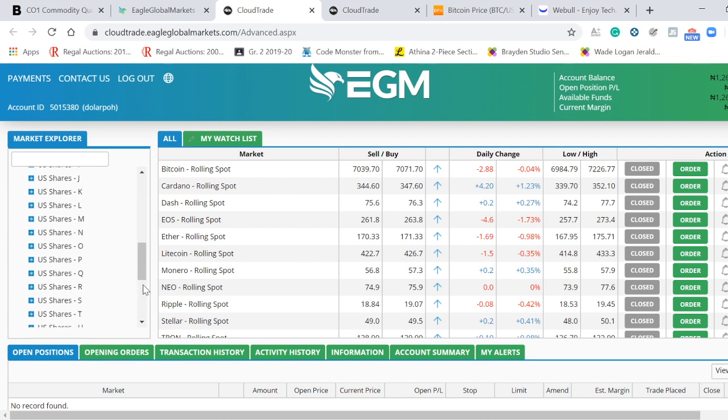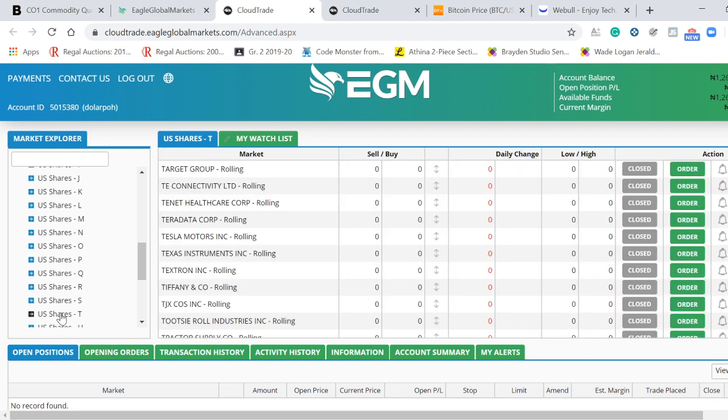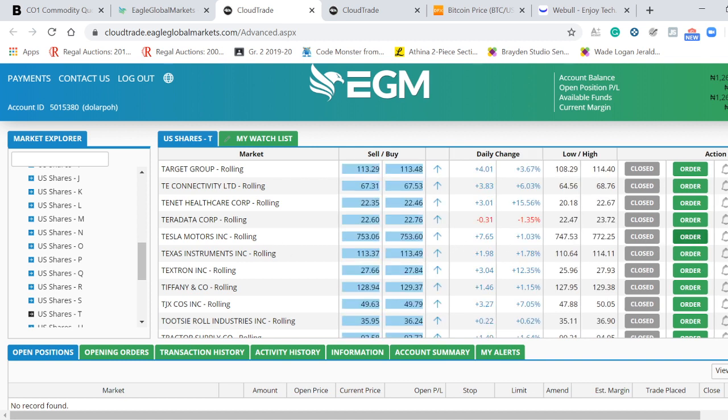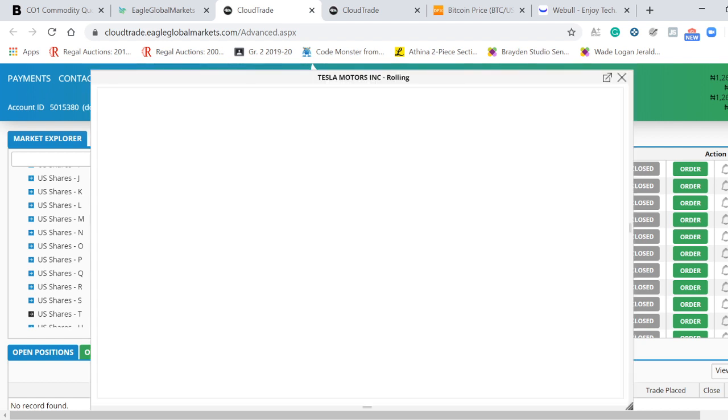Tesla is a T, so US shares T. For those who like to buy Tesla, you have your Tesla there, and you can simply pull up the chart here, and you can see the price. You can see what the chart looks like. You can see all that from just your trading screen.